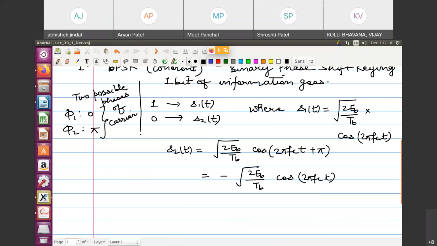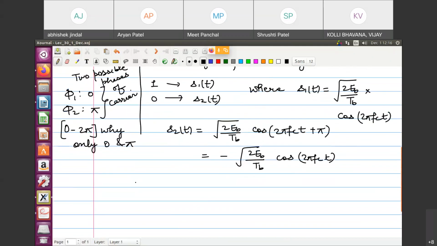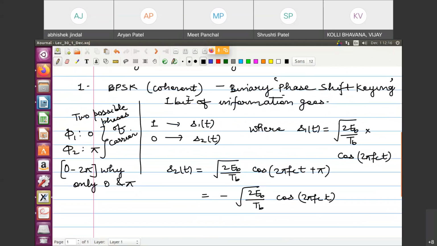Now the question is, why only these two? From 0 to 2 pi, why only 0 and pi? So you will get to know that it is because of choosing them to be the farthest possible apart. See, if this signal is in the positive direction, then this has become the negative or exactly opposite direction.